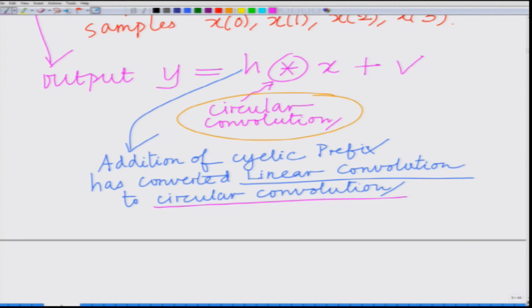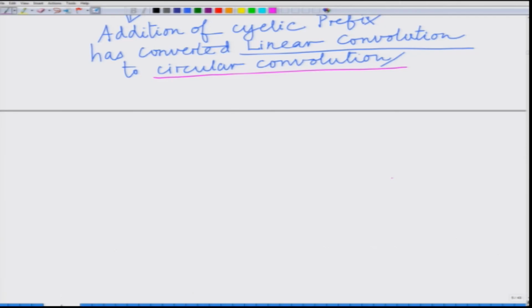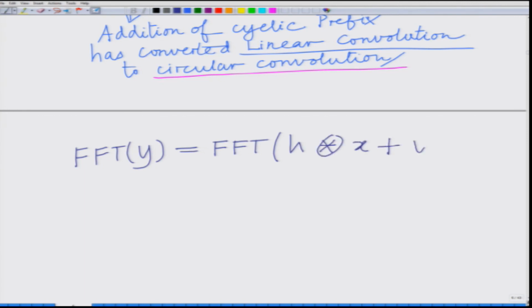Now we know from the properties of circular convolution that in the FFT domain it is simply the product of the FFTs of H and X. So if we take the FFT of Y, that equals the FFT of H circularly convolved with X plus V, the noise.